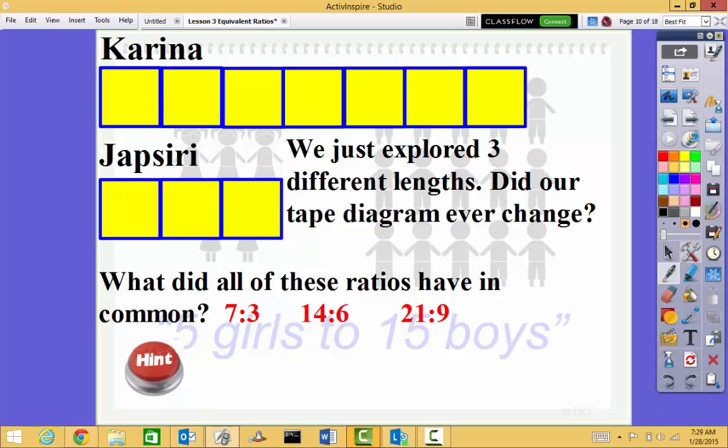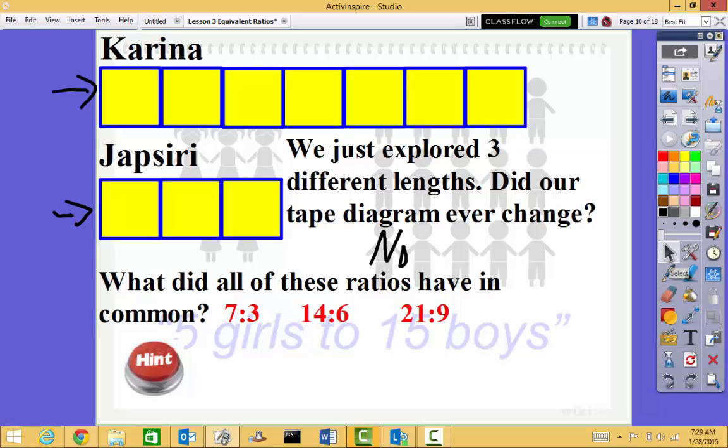Okay, 10 more seconds. Alright, the correct answer was no. I still had the same picture for every tape diagram.